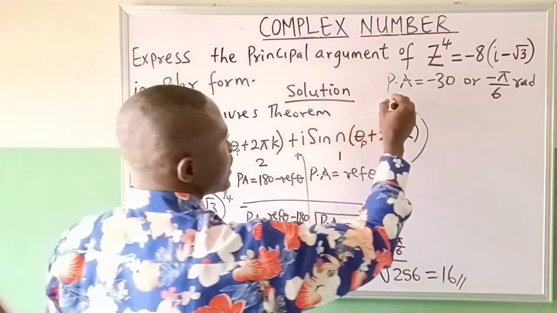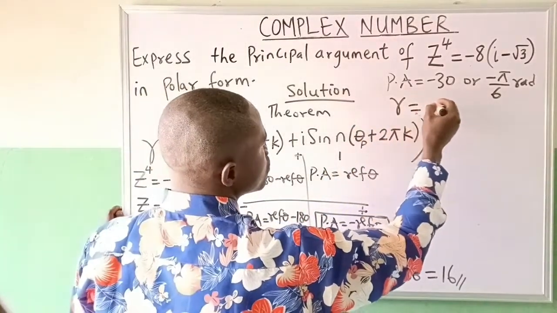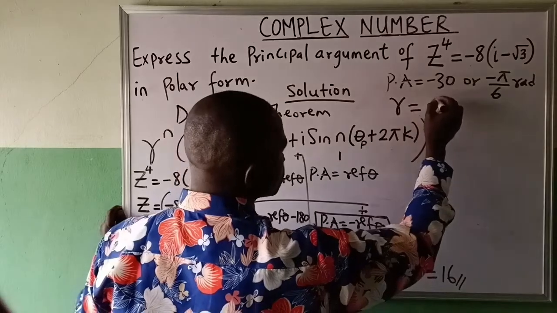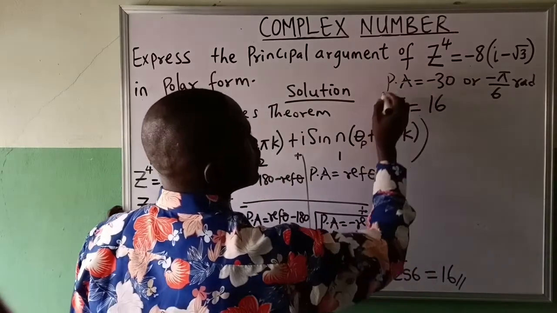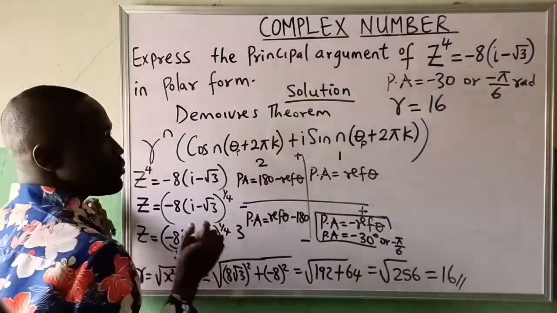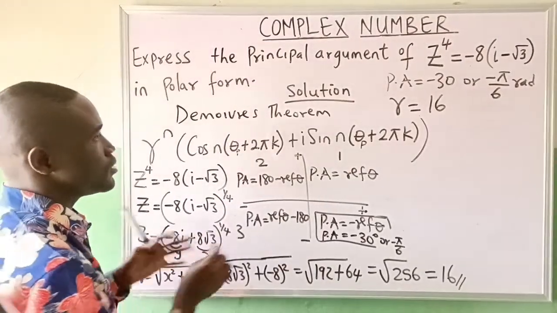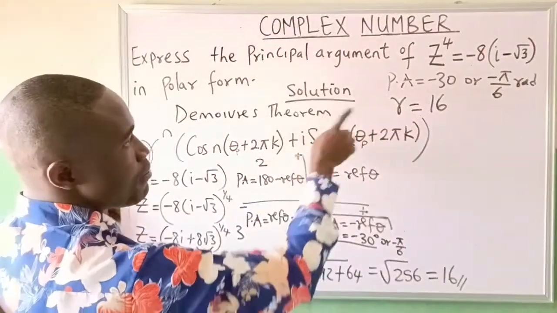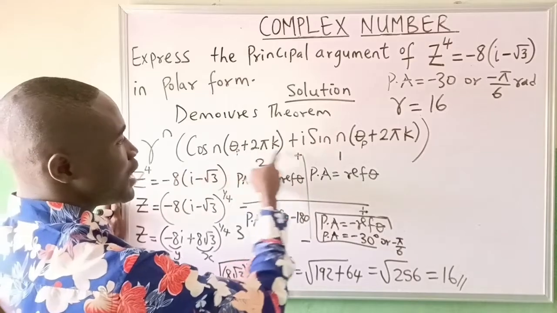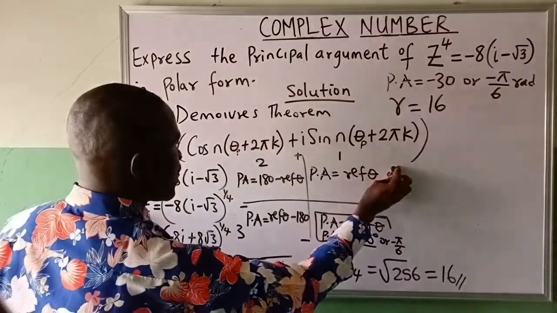Then we also got our r, which is the modulus, to be equal to what? 16. Remember, PA means principal argument. So we have noted the main points we needed in this formula. I will now clean.